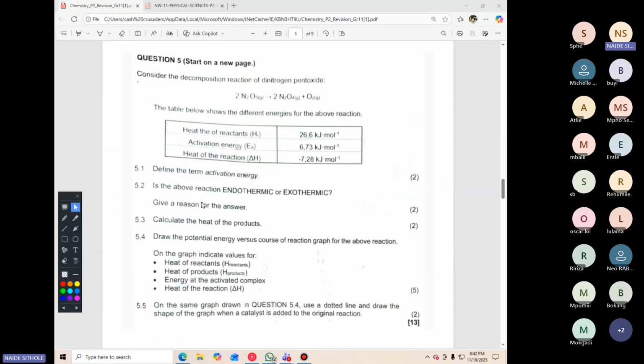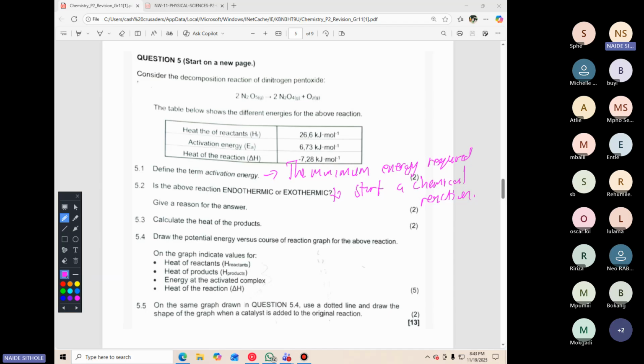Then question 5 says define the term activation energy. We've spoken about that: activation energy is the minimum energy required to start a chemical reaction. Then, is the above reaction endothermic or exothermic?